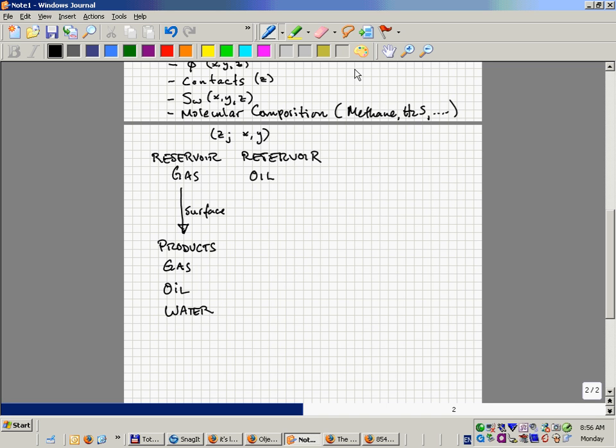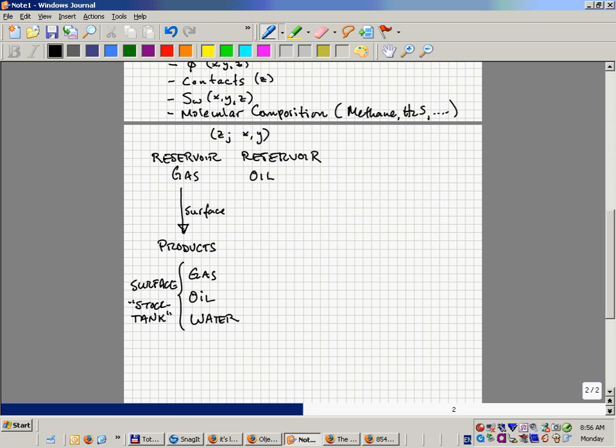Okay. And these are all what we call surface products, and sometimes we call them stock tank, but that doesn't really apply to gas. Pipeline gas, sales gas, stock tank oil, pipeline oil. These are products. We can put them in a cup.